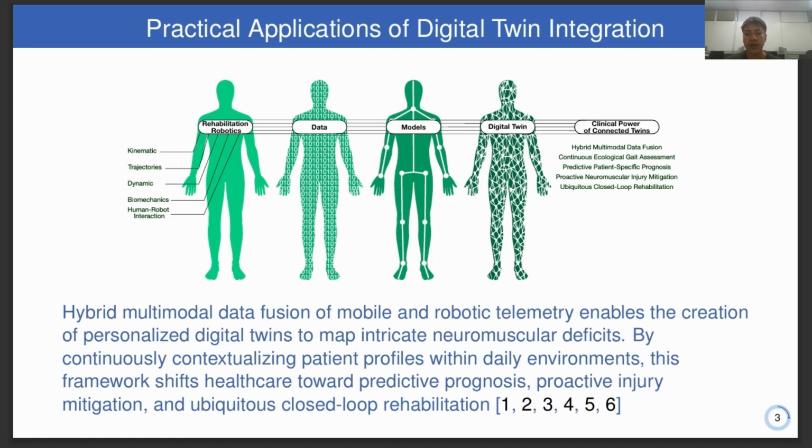By executing a hybrid multimodal data fusion that links contextual mobile telemetry with high-fidelity laboratory metrics, we can construct a highly individualized virtual representation of the human musculoskeletal apparatus. This framework continuously contextualizes clinical profiles through a continuous ecological gait assessment conducted directly within the user's daily environment.